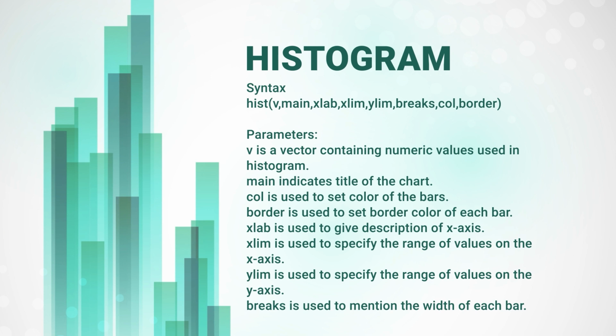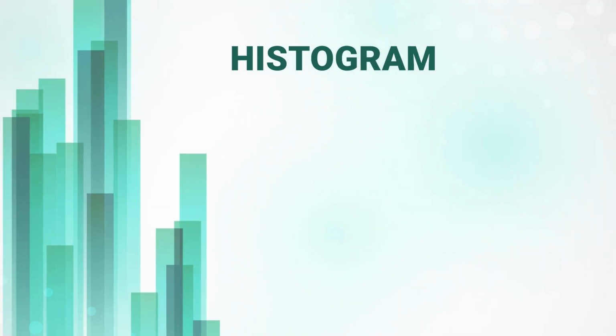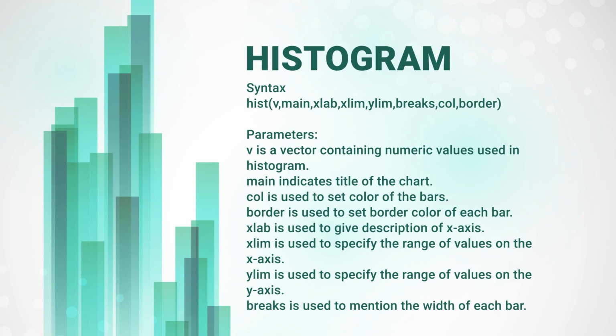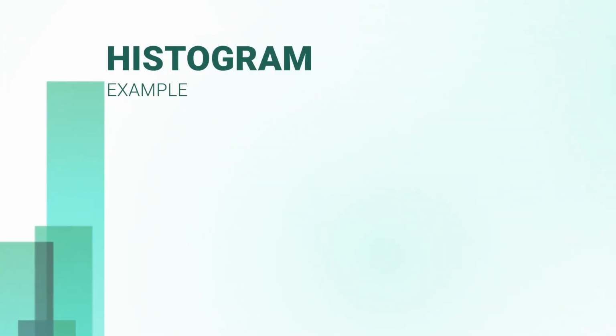You already know that this is the label of the x axis. xlim is used to specify the range of the values of the x axis. So you can also specify the range of the x axis, and again the y axis limit you can also assign by using ylim. Now breaks is used to mention the width of each bar. So I'll show you this example.